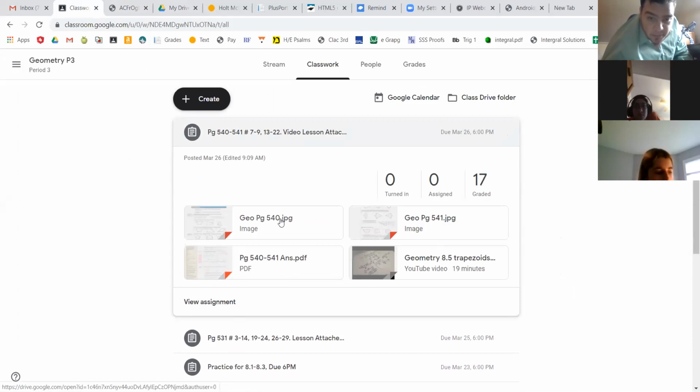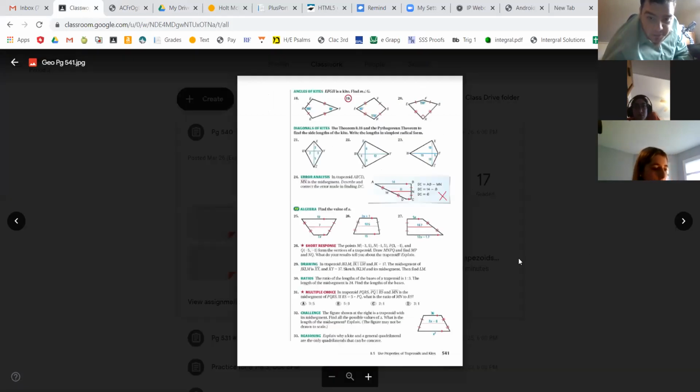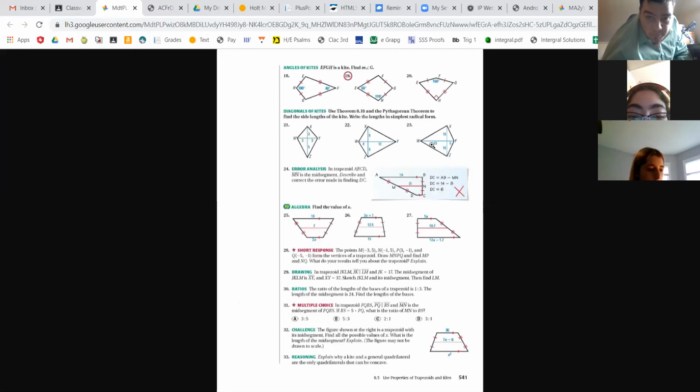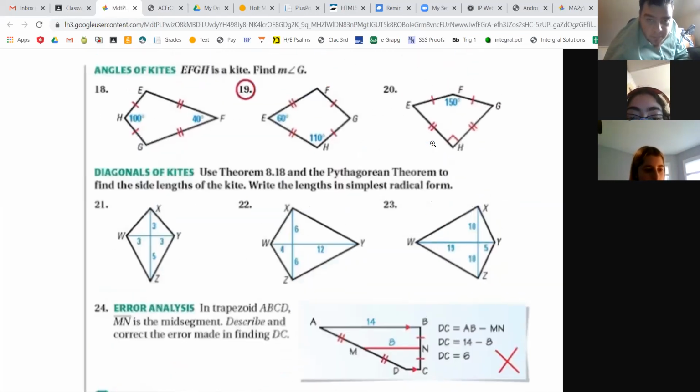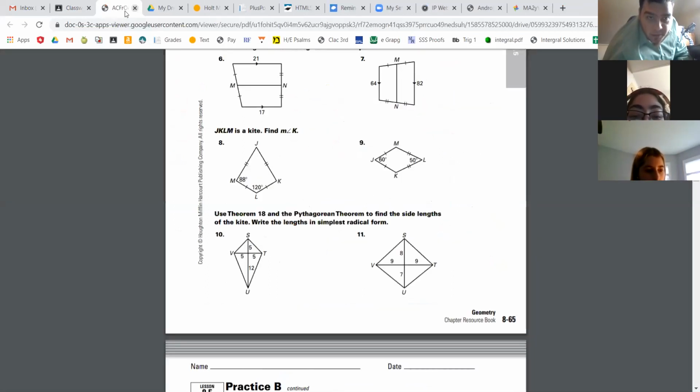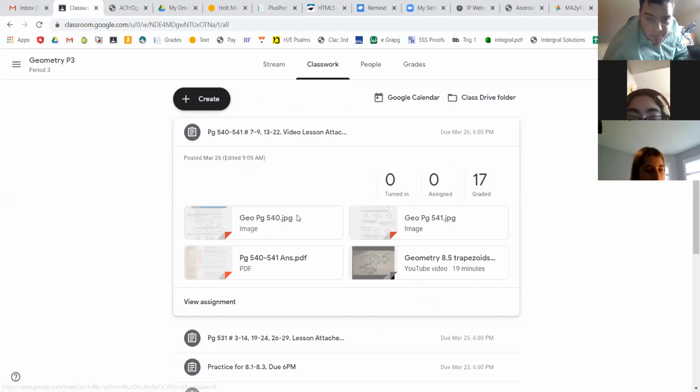So let's see. Diamond, so probably this section. Yeah, I know how to do that. It was not that. It was something else. Okay, let me go back to the other page then.